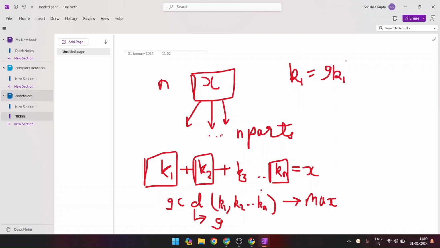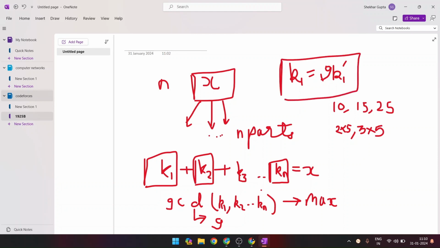Let's take an example: if I take 10, 15, and 25, what is the GCD of all this? This GCD is 5, right? So I can write 10 as 2 into 5, I can write 15 as 3 into 5, and similarly I can write 25 as 5 into 5. So I can write k1 as g into k1 dash.